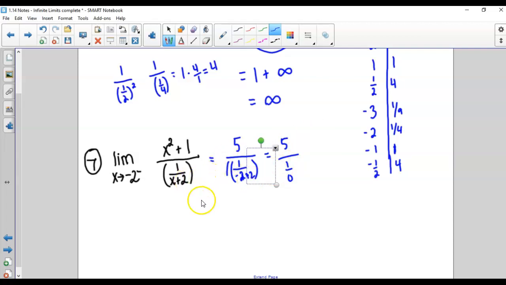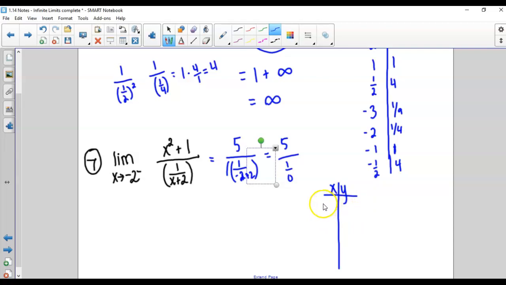If we've got to do this without a calculator, we can actually just look at that bottom part, because our top number we could plug in. We got that fairly well. So we've got 1 over x plus 2.